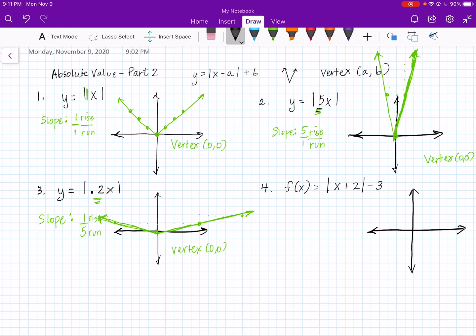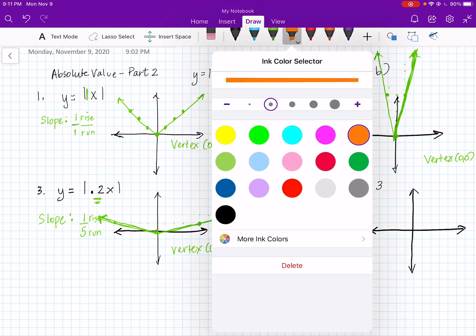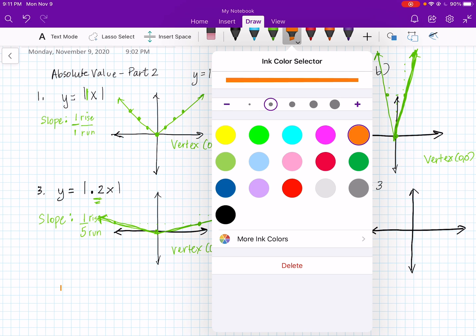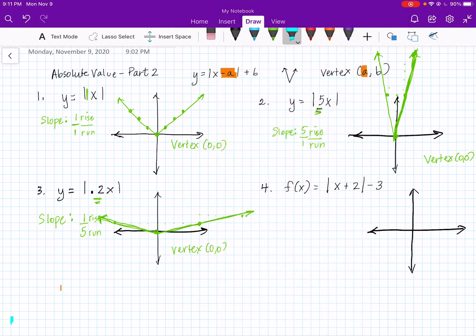Well, according to this, if you look, let me highlight here. We'll start with orange. Here, it says the vertex A is the number found inside, and it's a negative A. Now, the vertex B, let's do this blue, is here, and it's outside the absolute value signs.